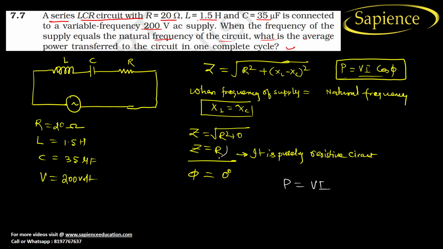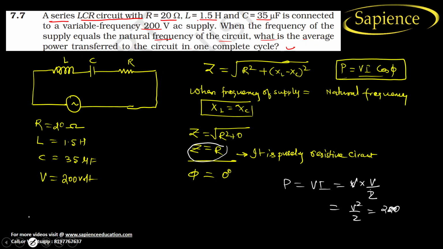Since it is a purely resistive circuit, we can write like this. V into I, where current is equal to V by R, so this will be Z. So finally V square by Z. V square means 200 square.